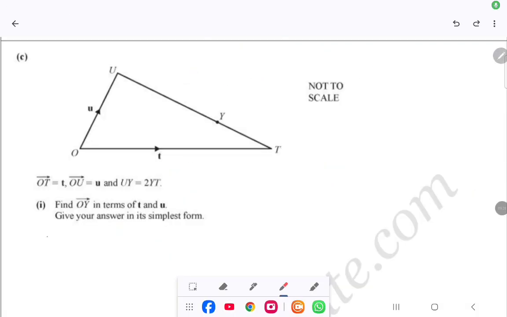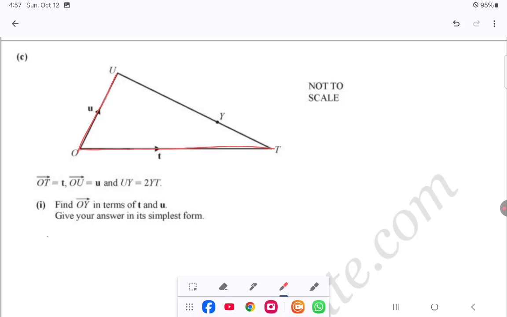So in part C, OT is T and OU is U. This is our OT and this is our OU, and UY is equal to 2YT, and we have to find the OY distance in terms of T and U, and give your answer in the simplest form.